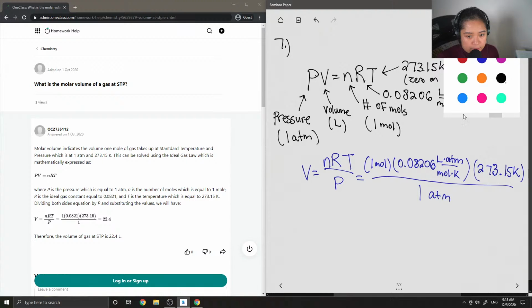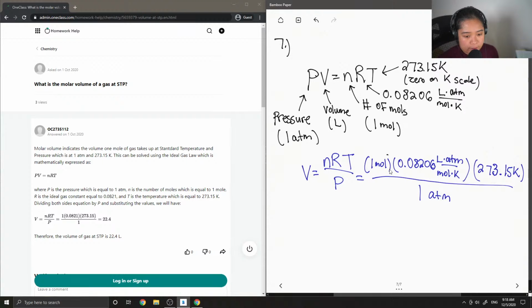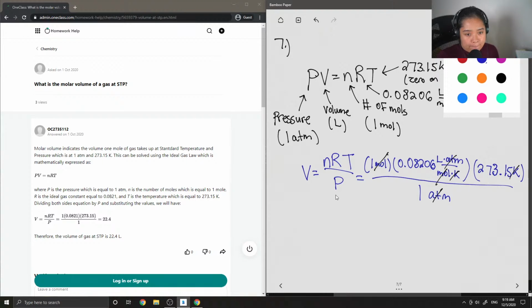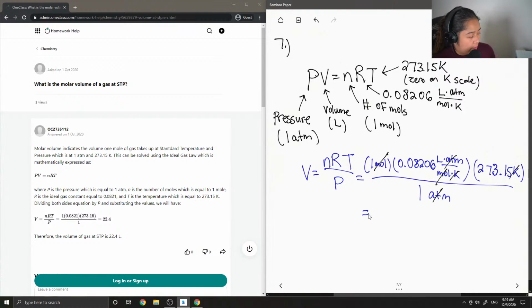Notice that our units should cancel out to get liters. Our moles cancel out, our Kelvin cancels out, and our atm cancels out as well. We are left with a value of 22.4 liters, which is called the molar volume.